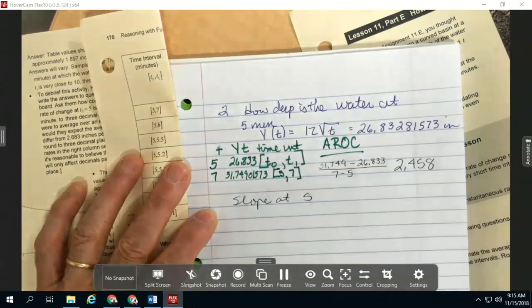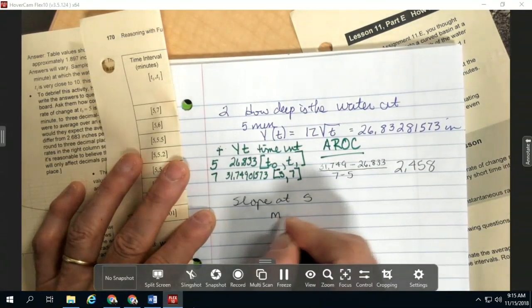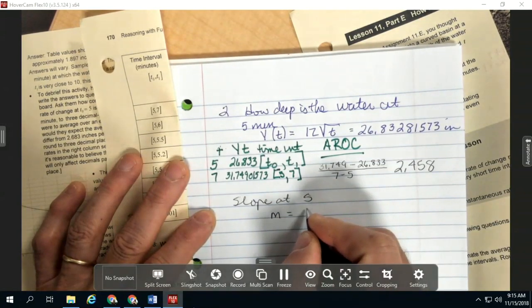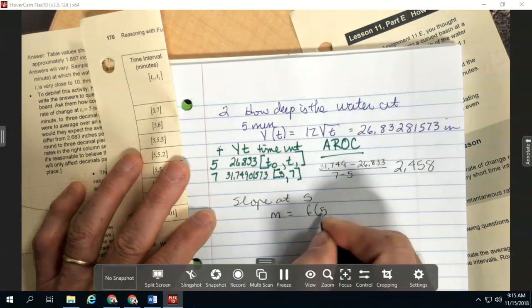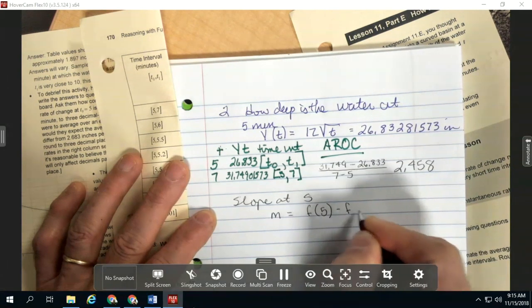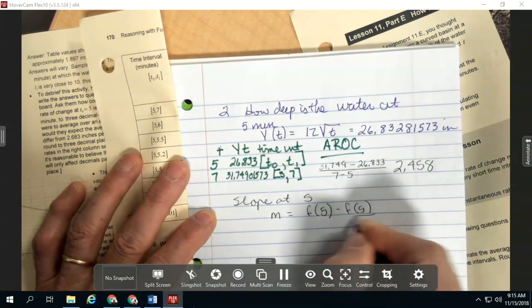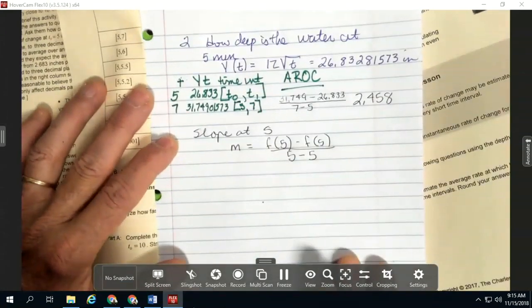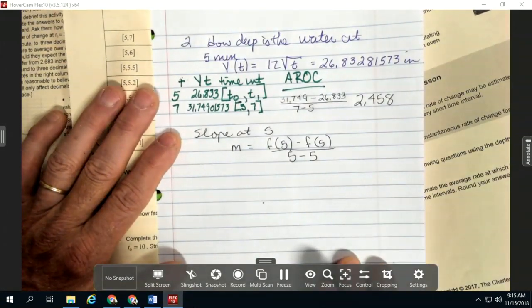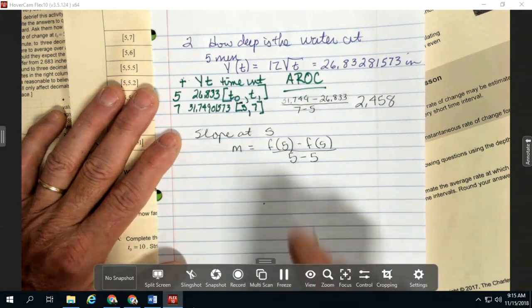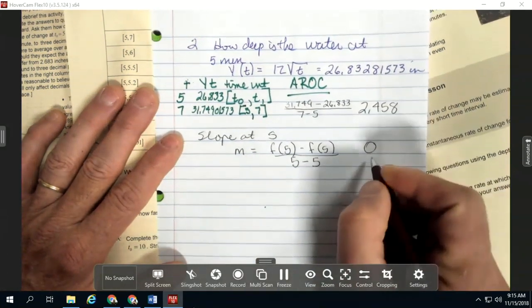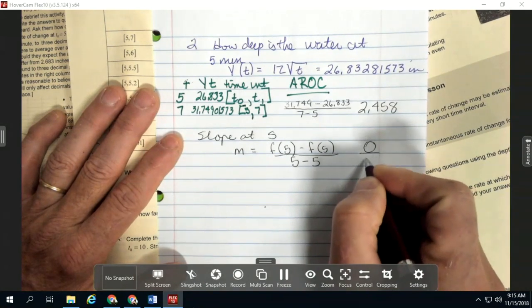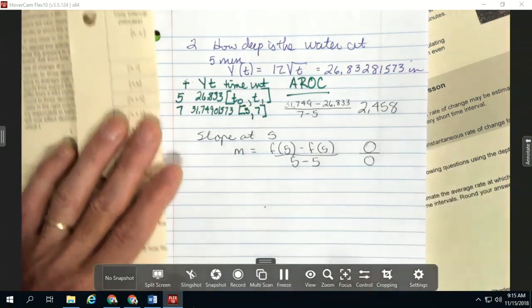M equals f of 5 minus f of 5 divided by 5 minus 5. Would you agree the numerator will be 0 and the denominator will be 0?